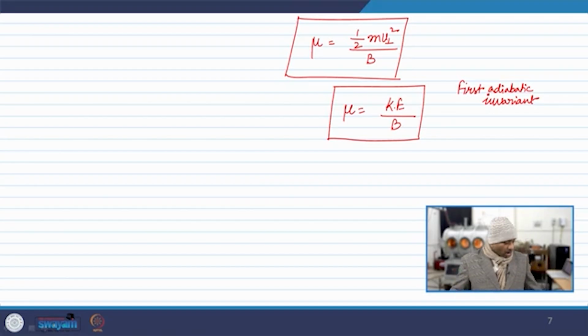So, how the information about the magnetic moment can be useful in proving the first adiabatic invariance, or what are the consequences of this first adiabatic invariant? We will discuss all of that in the next lecture.